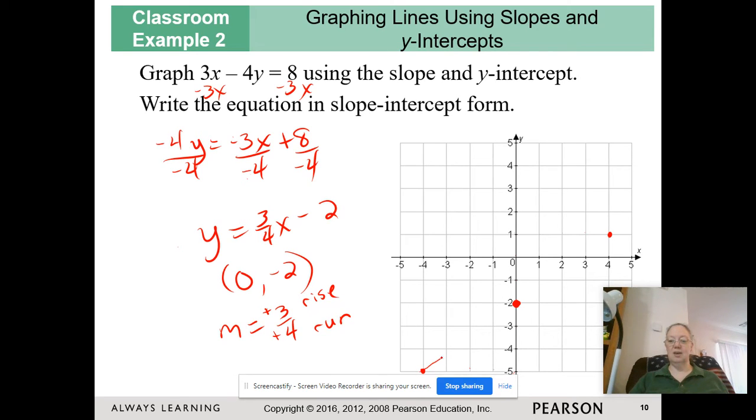Notice that it lines up perfectly with my first 2 points that I plotted. So we could either go up 3, right 3, or we could go down 3, left 3.